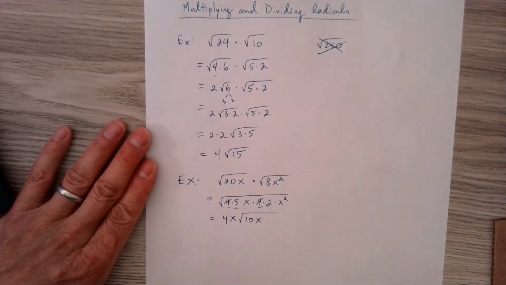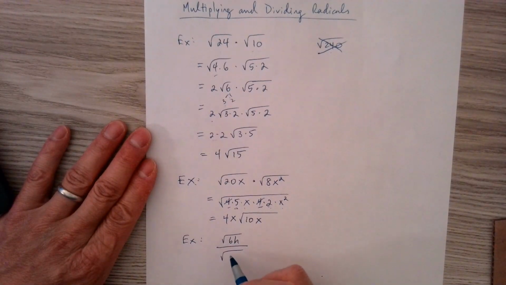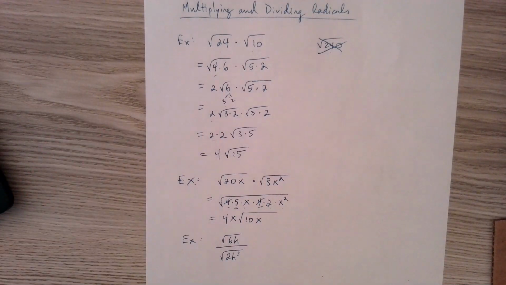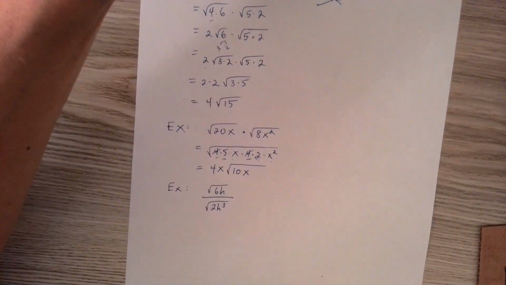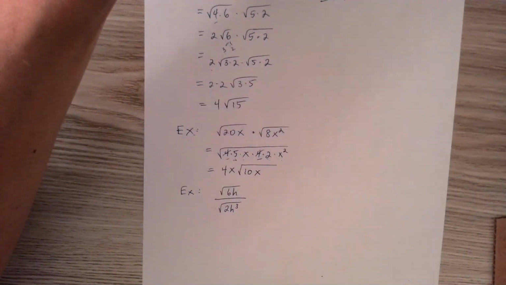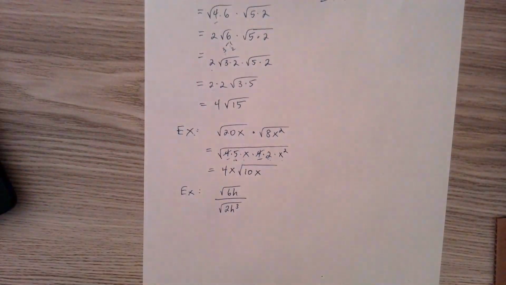Okay, moving on to division. I have rad 6h over rad 2h cubed.